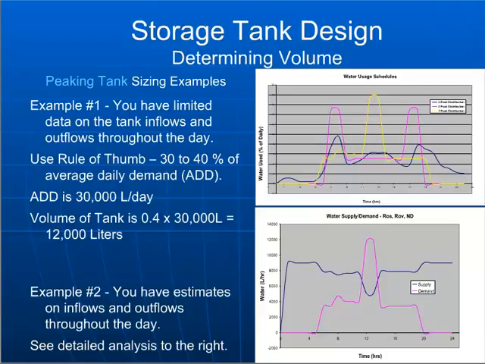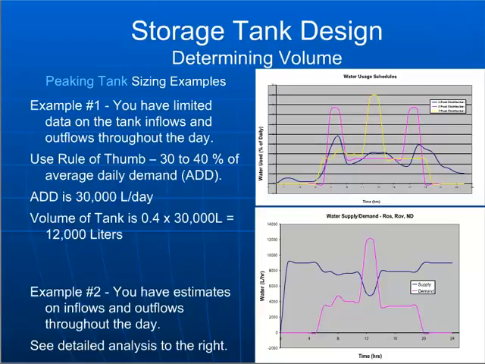So this peaking tank essentially absorbs those spikes in demand and takes some of the pressure off of that conduction line, or off of a large diameter for that conduction line.